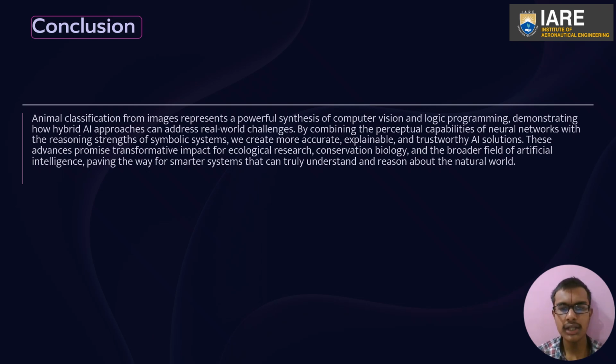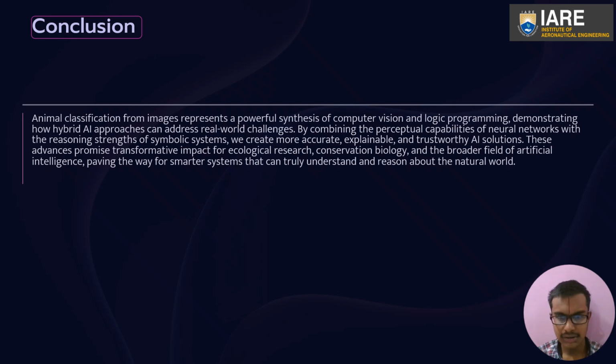Now let's go through the conclusion. Hence, animal classification from images represents a powerful synthesis of computer vision and logic programming, demonstrating how hybrid AI approaches can address real-world challenges by combining the perceptual capabilities of neural networks with the reasoning strengths of symbolic systems.